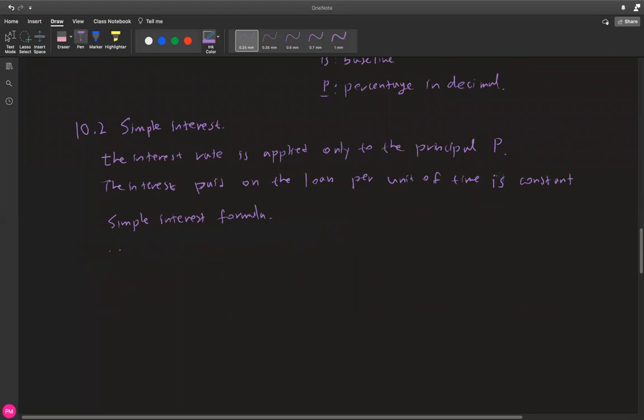It is given as I equals PRT, where P represents the principal, the total sum of money that you owe, R is the APR in decimal, and lastly, T is the number of years.